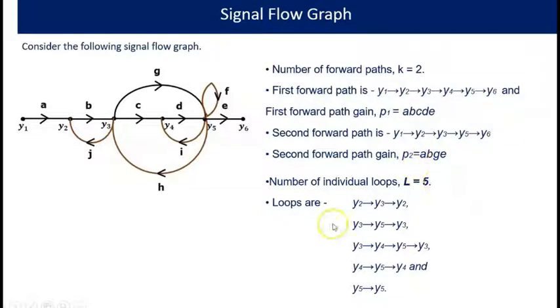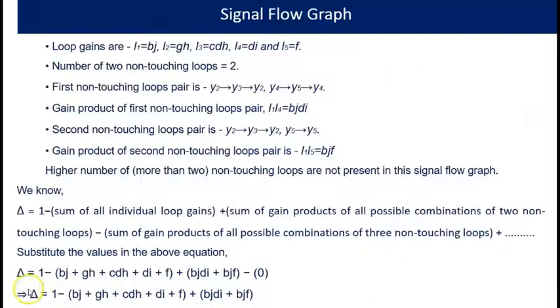For Y2, Y3, Y2, the loop gain is Bj. For Y3, Y5, Y3, the loop gain is Gh. For Y3, Y4, Y5, the loop gain is Cdh. Similarly, find all the loop gains. So the loop gains are L1, Bj, then Gh, Cdh, Di and F, the loop gains of the 5 loops.